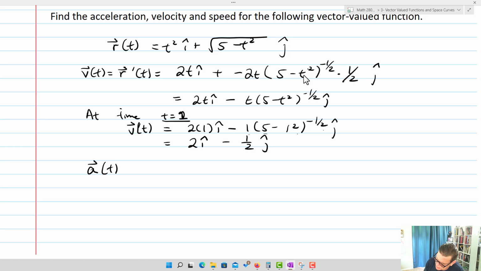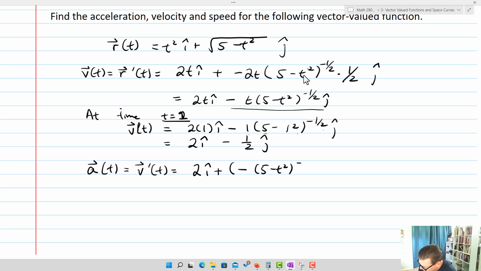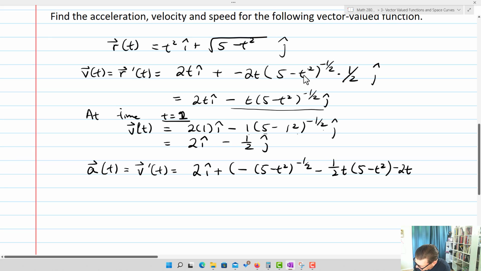So a of t will end up equaling the derivative of v of t, okay, v prime of t, and that's going to end up equaling 2i, and then we'll find the derivative here using our product rule. So plus, this will be negative (5 minus t squared) to the negative 1/2, minus 1/2 t times (5 minus t squared) times 2t, or excuse me, times negative 2t, and all of that j.